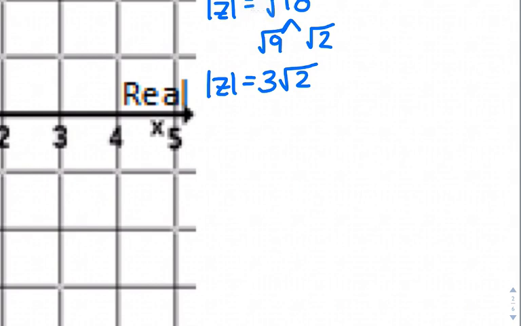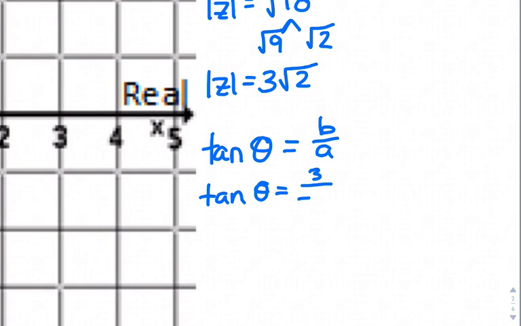Then we have to find our theta. So this is another formula you should have memorized. So tan theta equals b over a. So this would be tan theta equals 3 over negative 3, which means tan theta equals negative 1. So if you think about where tan is 1, that's 45 degrees.